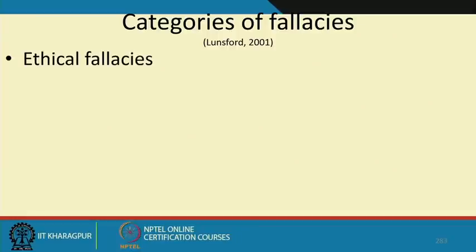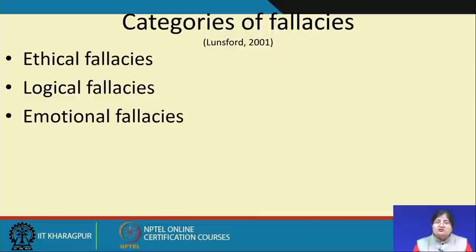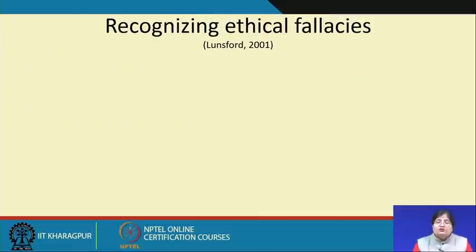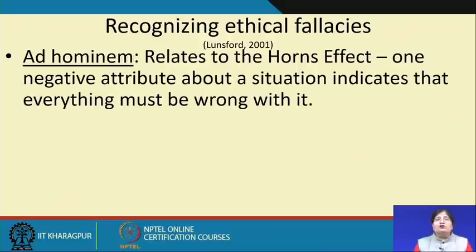There are different categories of fallacies. You have ethical fallacies, you have logical fallacies, and you have emotional fallacies. How do you recognize ethical fallacies? Ad hominem fallacy relates to the Horn's effect. One negative attribute about a situation indicates that everything must be wrong with it.